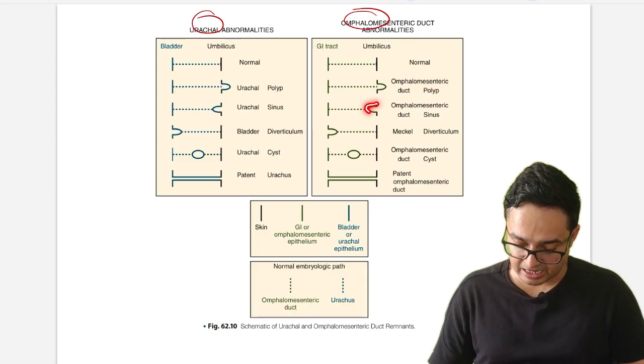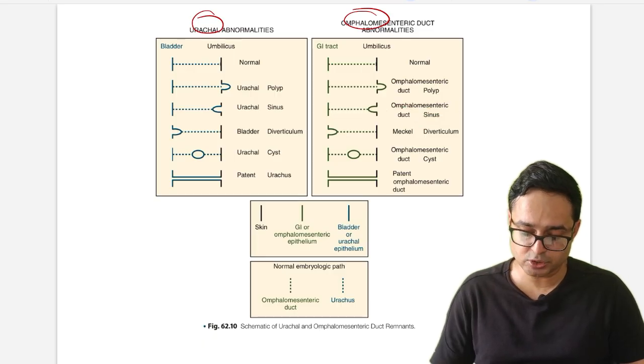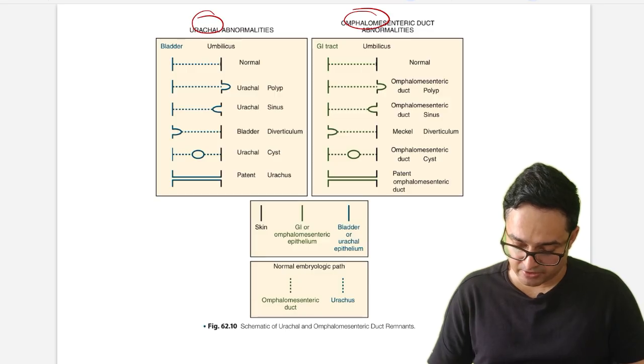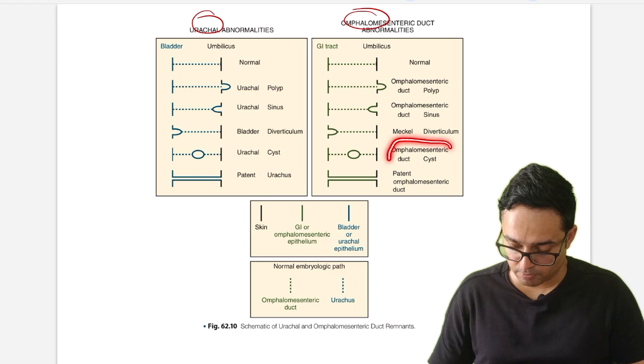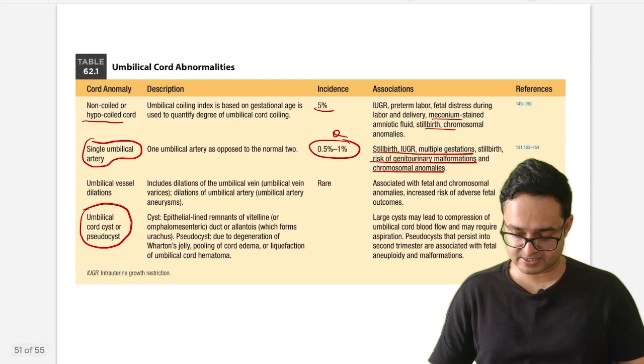If a sinus is there, it will be called omphalomesenteric duct sinus, similar to urachal sinus. If the GI tract shows a diverticulum, similar to bladder diverticulum, it will be called Meckel diverticulum. Similar to urachal cyst, omphalomesenteric duct cyst is seen. And patent omphalomesenteric duct is a connection between GI tract and umbilicus. You have to remember all these.